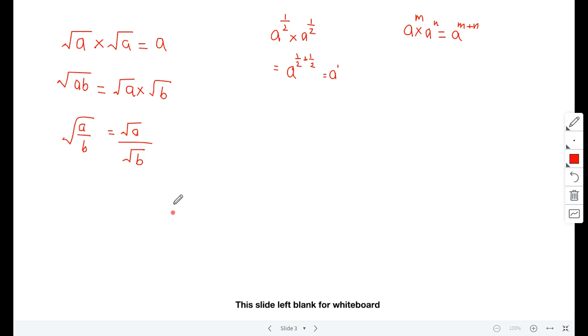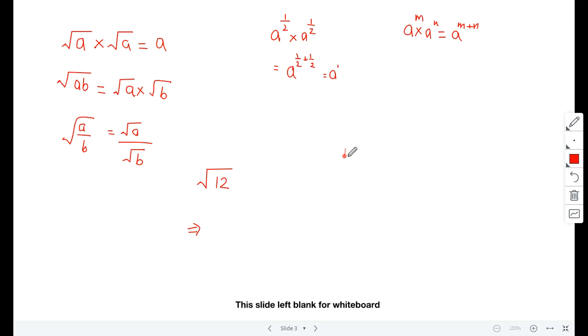Okay, now simplify root 12. So first thing is to simplify the 12, that is, make the factors of 12.